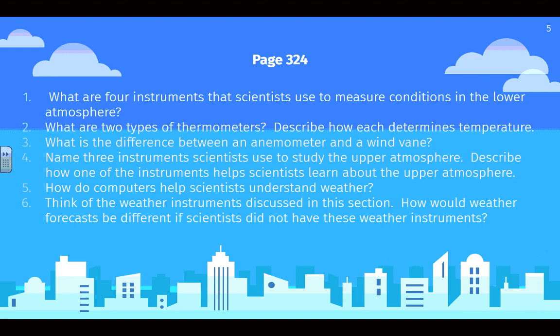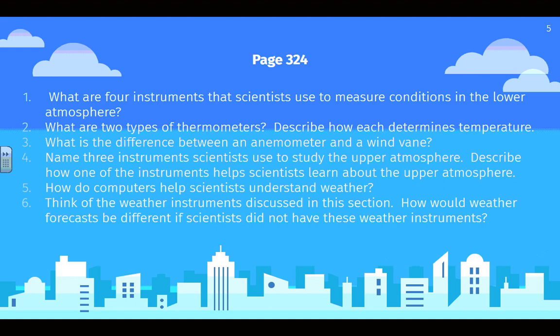Name 3 instruments scientists use to study the upper atmosphere. Describe how one of the instruments helps scientists learn about the upper atmosphere. How do computers help scientists understand weather? Think of weather instruments discussed in this section. How would weather forecasts be different if scientists did not have these weather instruments?